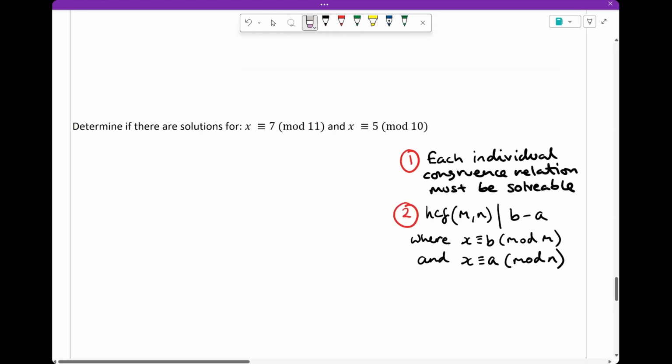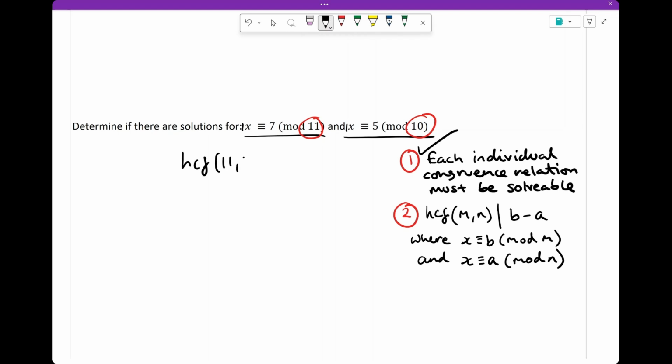So once again, we need to determine if there are solutions for these two congruence relations here. They're once again in the format 1x and 1x, so they're already solved, so step 1 is already done. We just have to consider step 2. So let's investigate our mods, so 11 and 10. What's the highest common factor of 11 and 10? Well, it's 1. Okay, they are co-prime.